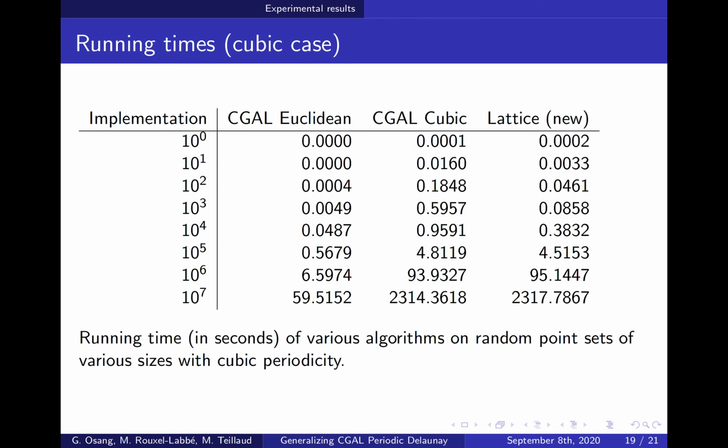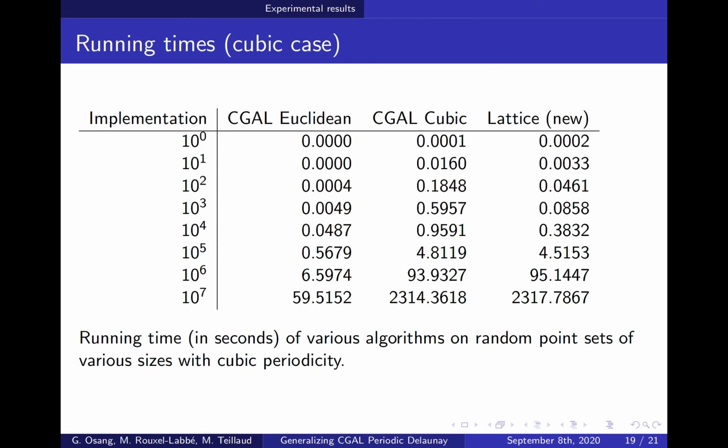Interestingly, for smaller sizes of input point sets, around 1,000, our algorithm is in fact even faster. The reason is that it uses the Euclidean Delaunay triangulations, while the cubic case uses periodic ones. These Euclidean ones have been quite optimized in the last 10 years, so they run much faster.